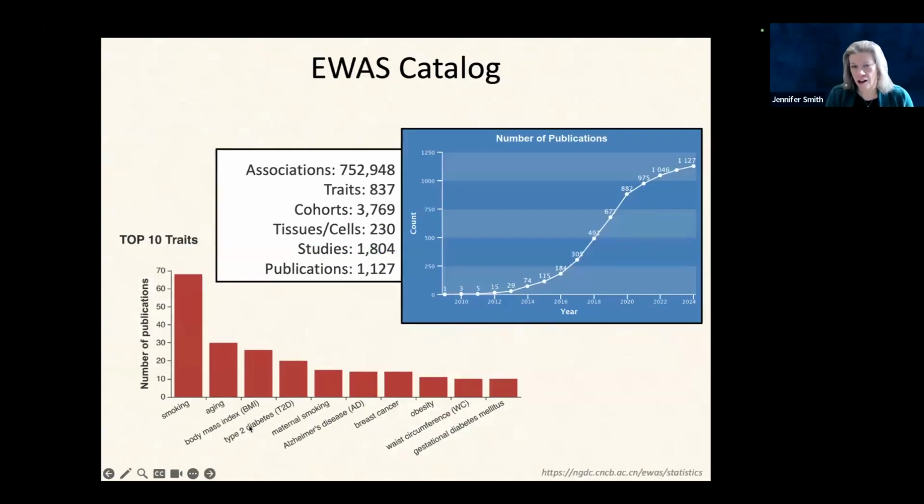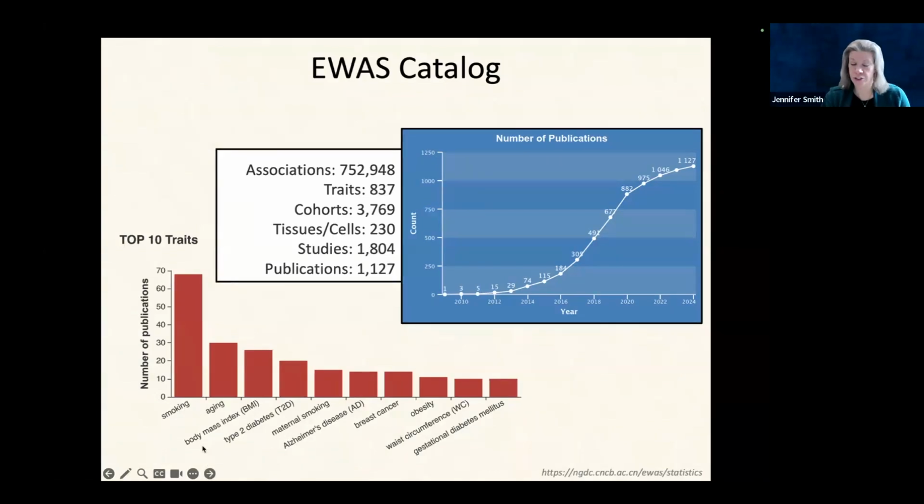The EWAS catalog tells you about research being done in this area. So there's 1,127 epigenome-wide association studies published in this curated EWAS catalog. About 800,000 associations between CpG sites and 837 traits of interest, about 4,000 cohorts and 230 tissue types. What are the things that are most studied?